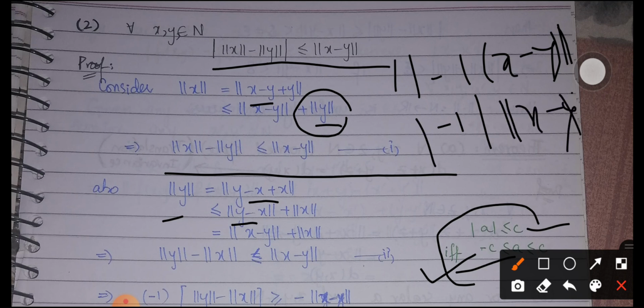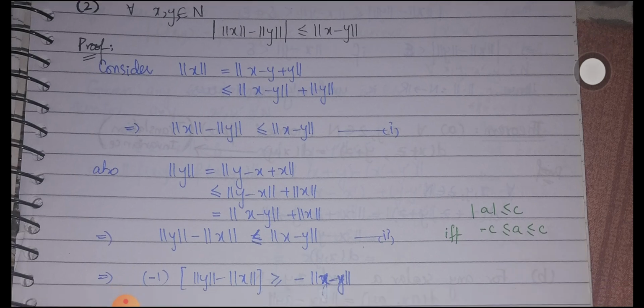So mod of minus 1 will be plus 1, and norm of y minus x can be replaced with norm of x minus y, plus norm of x, and this term will be subtracted over here. So this is your second inequality.